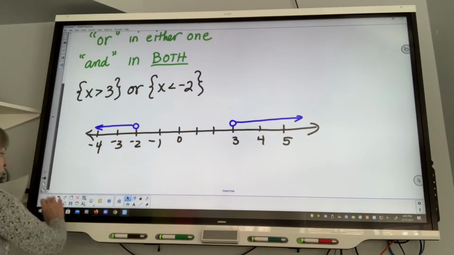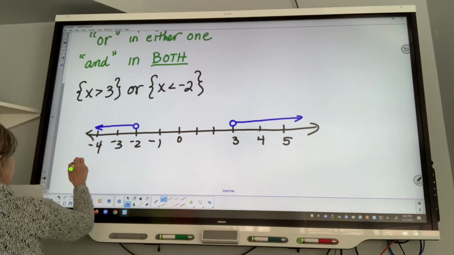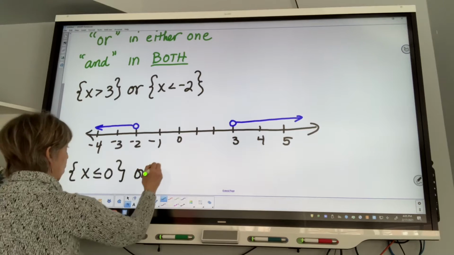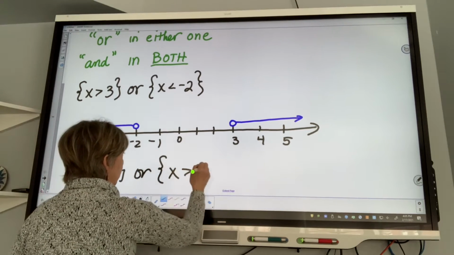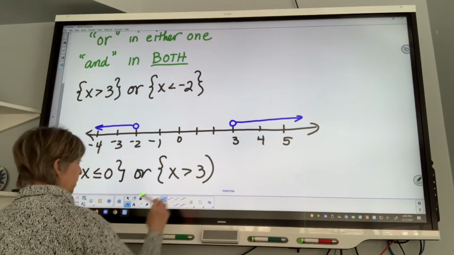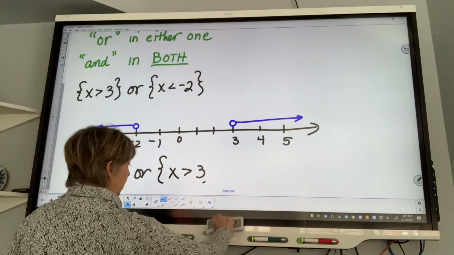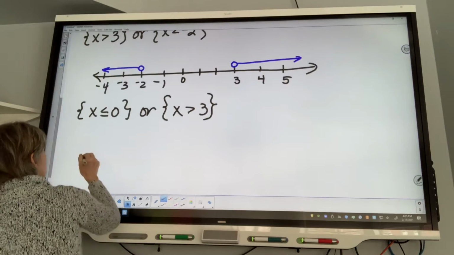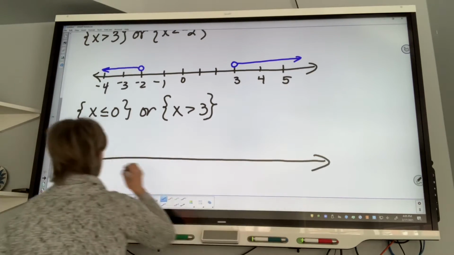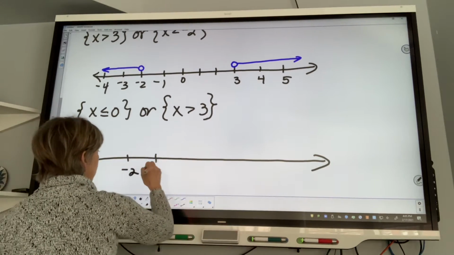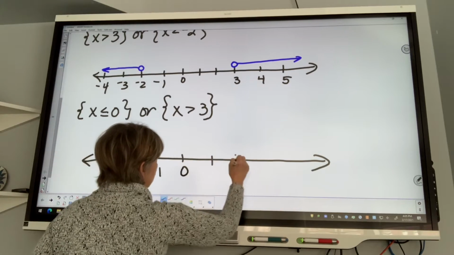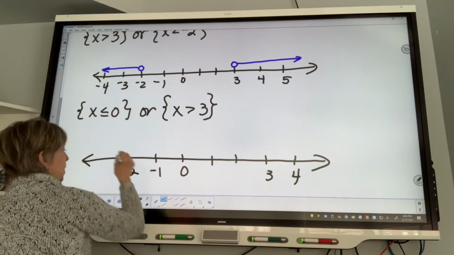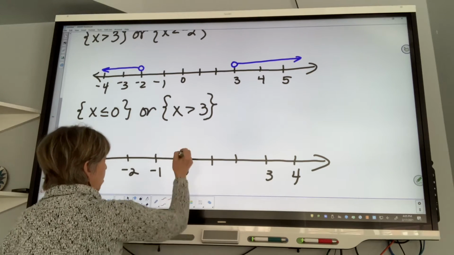Okay? If we had to do x is less than or equal to 0 or x is greater than 3, what would that one look like? That would look like this: -2, -1, 0, 1, 2, 3, 4. I would want anything less than or equal to 0.